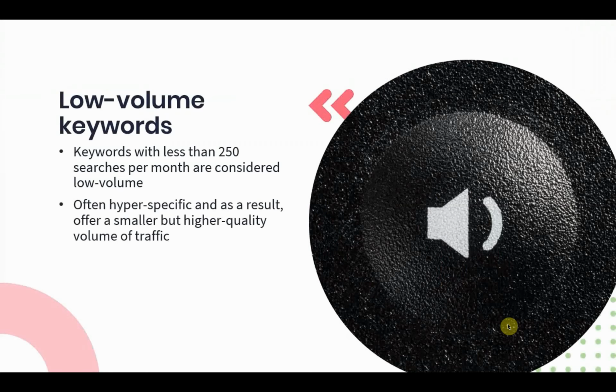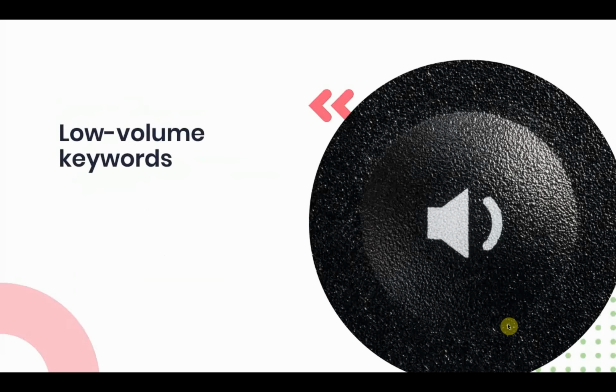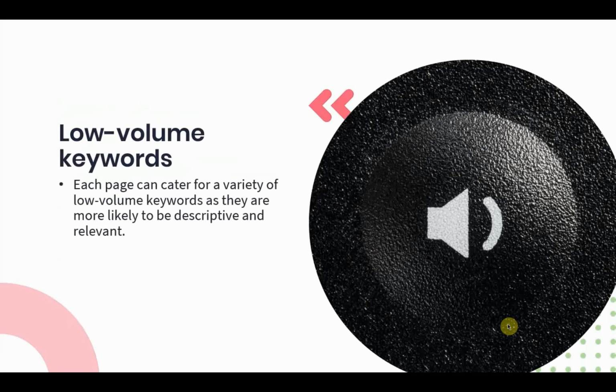Therefore, conversion rate increases with relevancy, and there is also less competition. Each page on your website, your social media, Google My Business account, etc., can cater for a variety of low volume keywords, as they're more likely to be descriptive and relevant. They are long tail, meaning they're not as broad as short keywords.